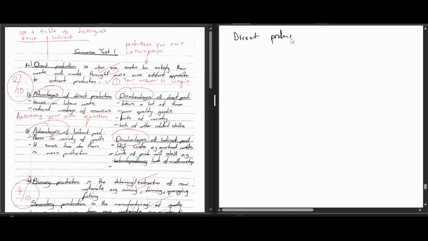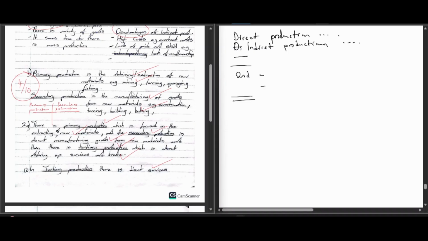So direct production, then you write here. Then when you finish writing here, on the next line you write indirect production, then you write again, then you skip a line and write a second difference here. Write for direct, for indirect you skip a line, just like that. So that's also another way of doing it. Otherwise what you did here does not amount to 2 marks. So that was your mistake on 1A.